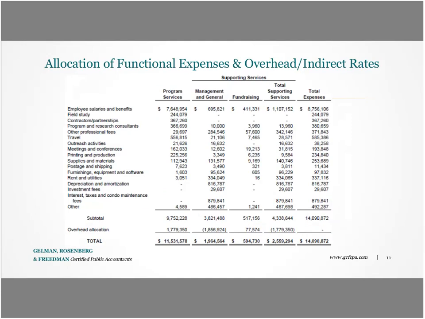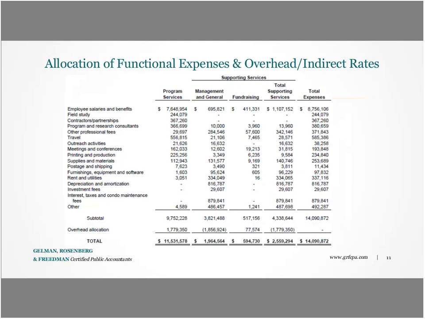In our second example, there are a couple of differences from the first one that we took a look at. First, under our supporting services, we have both a management and general column as well as a fundraising column, and we could additionally have a development column, which we see quite often.